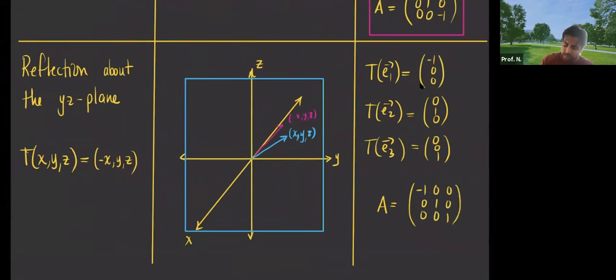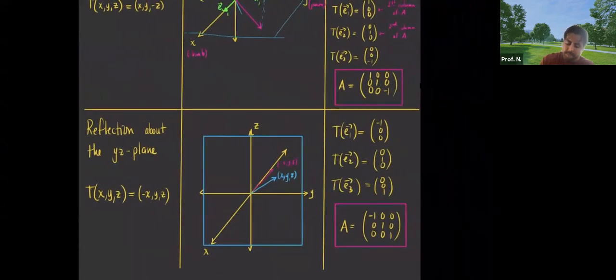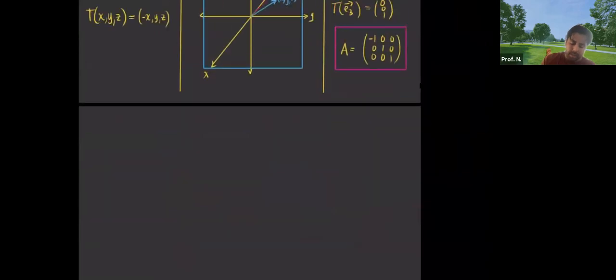If you noticed, it looks very similar to the previous matrix, right? They're basically just diagonal matrices with all ones across the diagonal, except for one of them being a negative one. That's all the difference among these reflection operators.